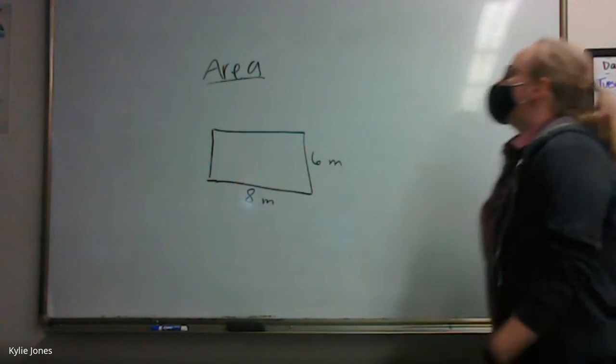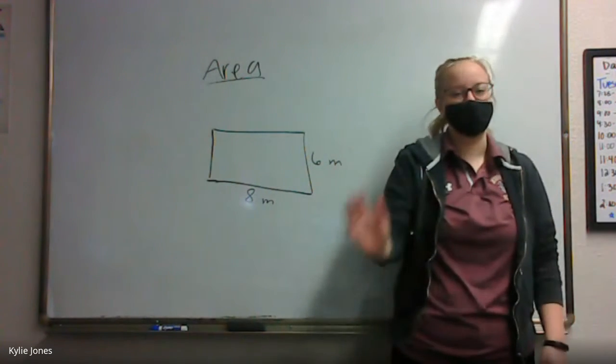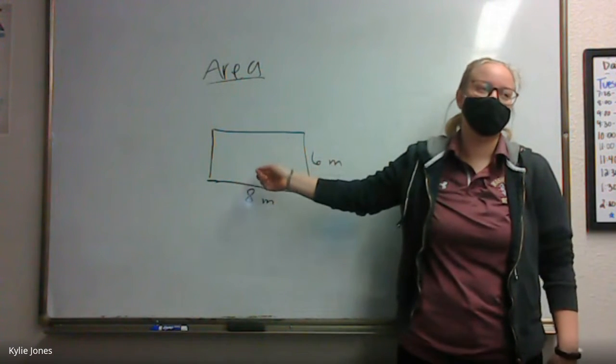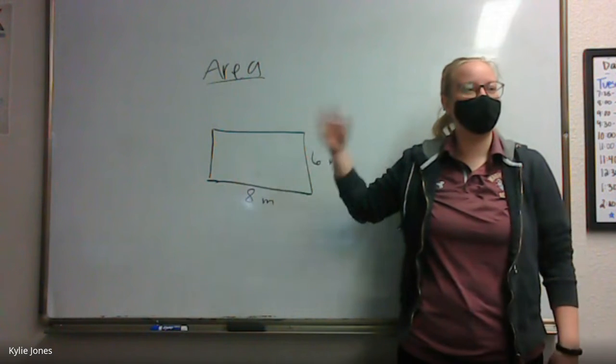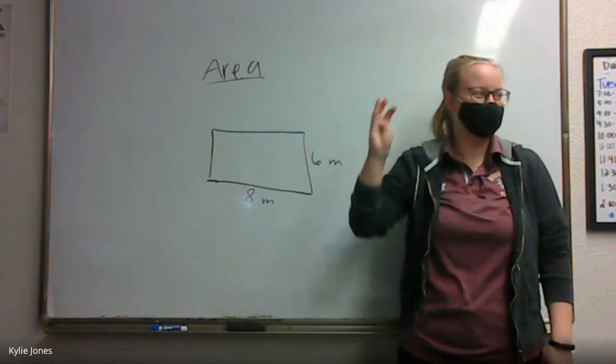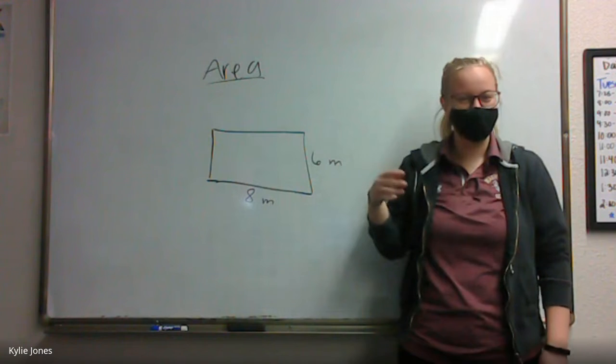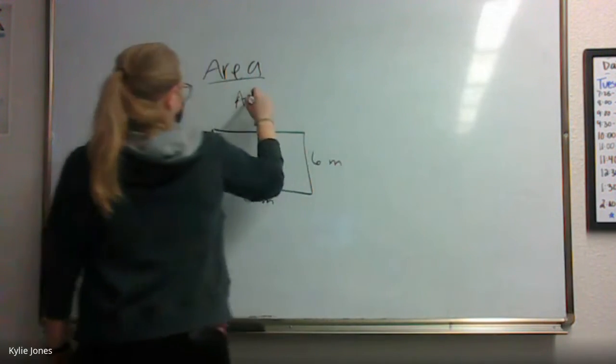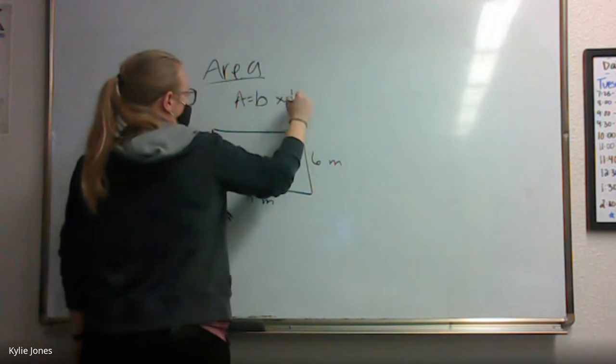All right, so someone raise their hand, or online, raise your hand. Tell me, how do you find the area of a rectangle? Base times height. So we're taking the base, multiplying it by the height.